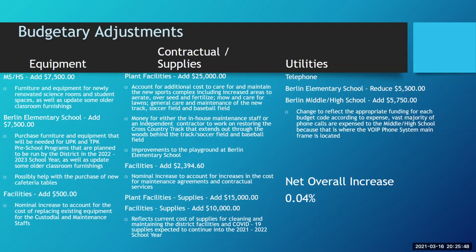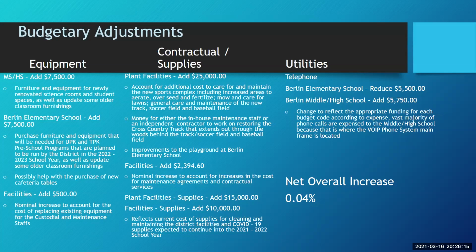It will help us to get that furniture in advance of waiting for next year's budget, so that we have it in place for when those classes start in fall of 2022, as well as updating some of the older furniture that's in that building as well. And also to possibly help with the purchase of new cafeteria tables for Berlin Elementary.